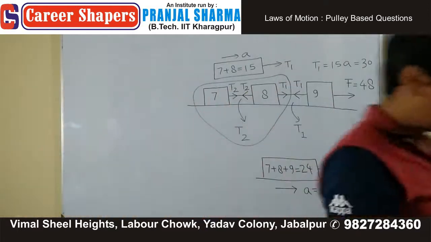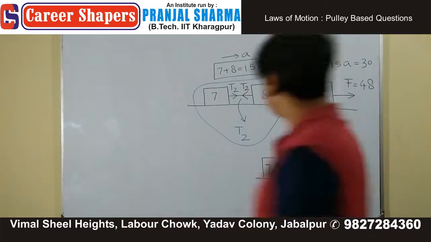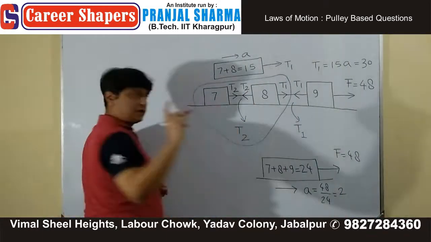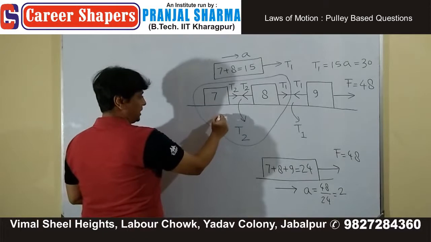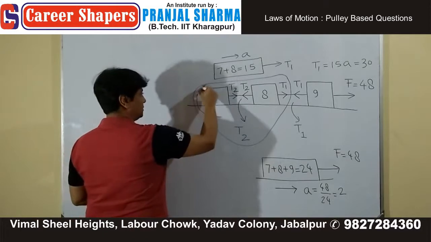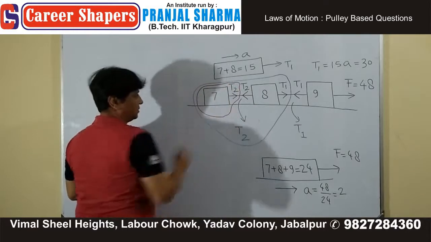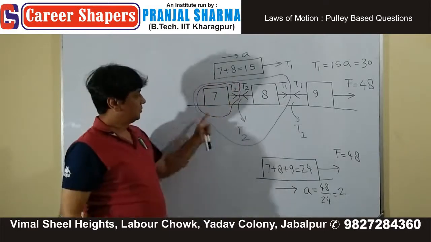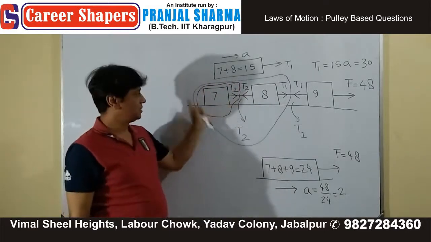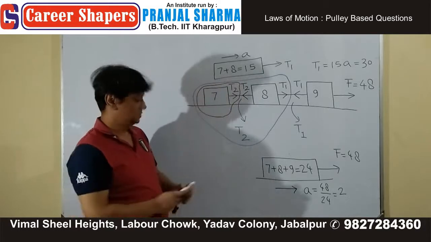And if you need T2, then consider only this much. Portion inside the red boundary, only this much.